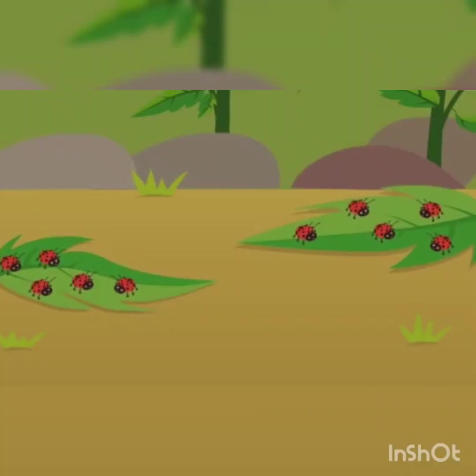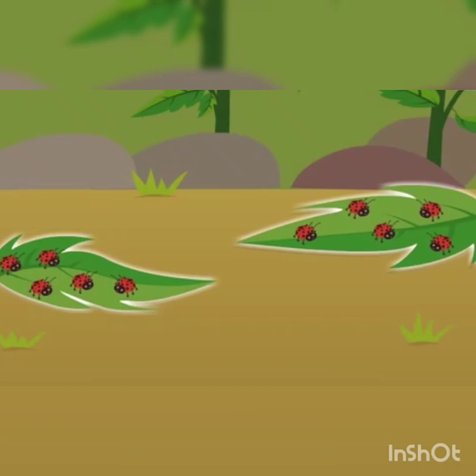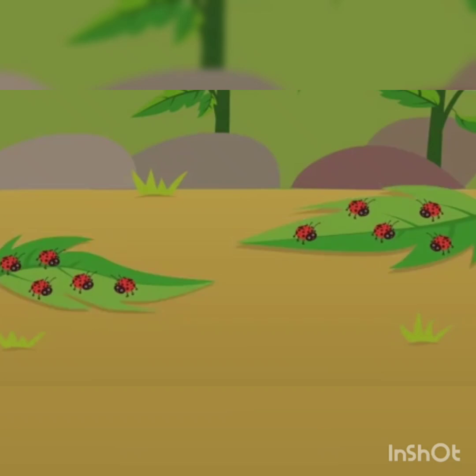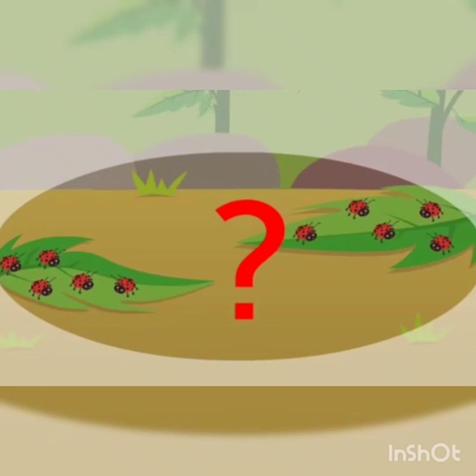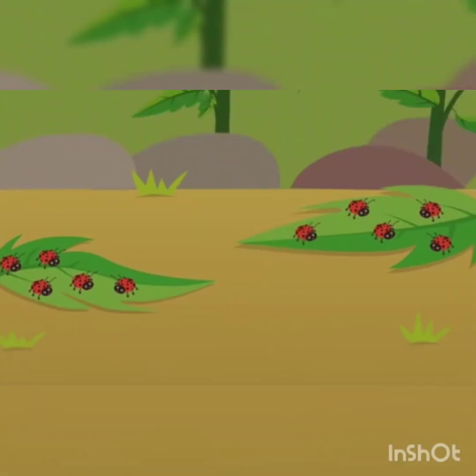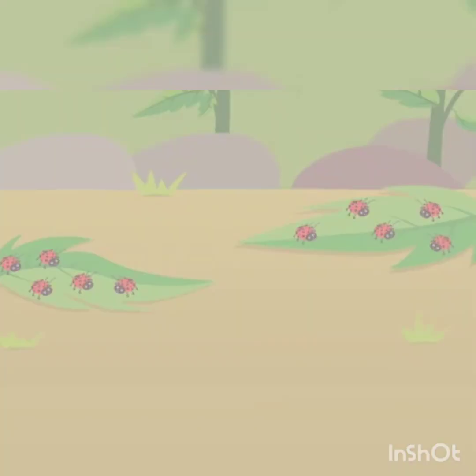Look at one more example. Here we can see there are two leaves. All of you look at the picture. Yes, there are 5 ladybugs on each leaf. All of you count the number of ladybugs on each leaf. How many ladybugs are there in all?